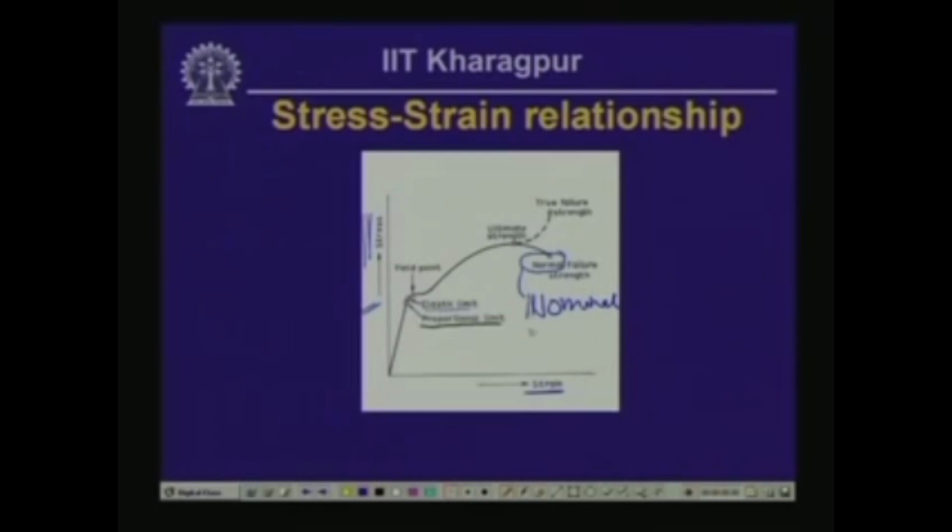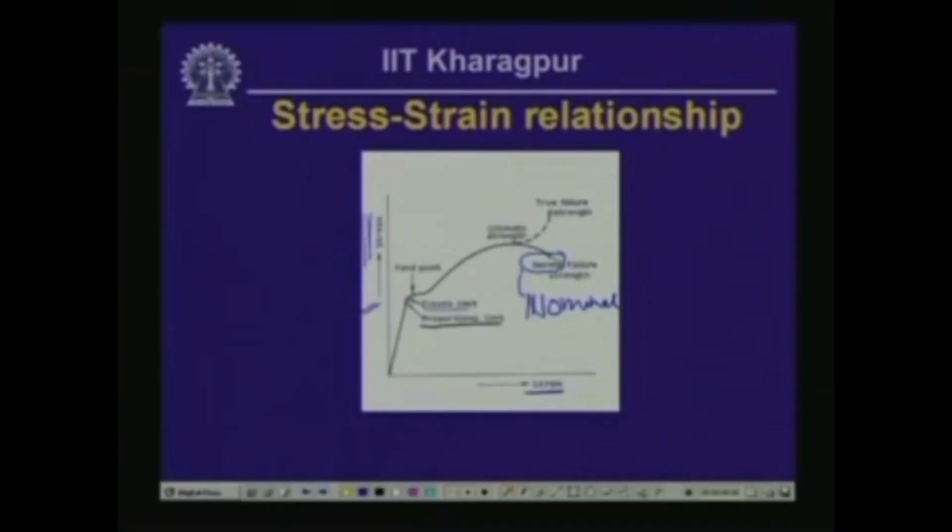Now, here if you note, we compute the stresses with reference to the original cross section of the bar. As you can visualize, when we are pulling this bar, when we are applying a tensile pull, as it deforms, the cross sectional area of the bar will reduce. The stress, as we know, is load divided by the cross sectional area.